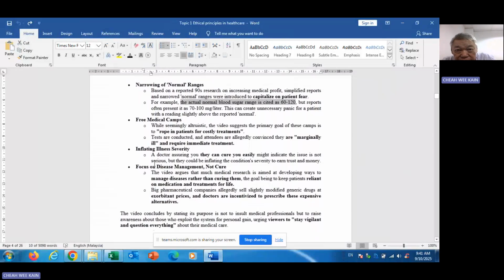But when you donate your blood to do a blood test, the report will come back and show actually slightly higher. Not so high, just to get you worried. So you take their medicine and you take their treatment, which you have to pay.